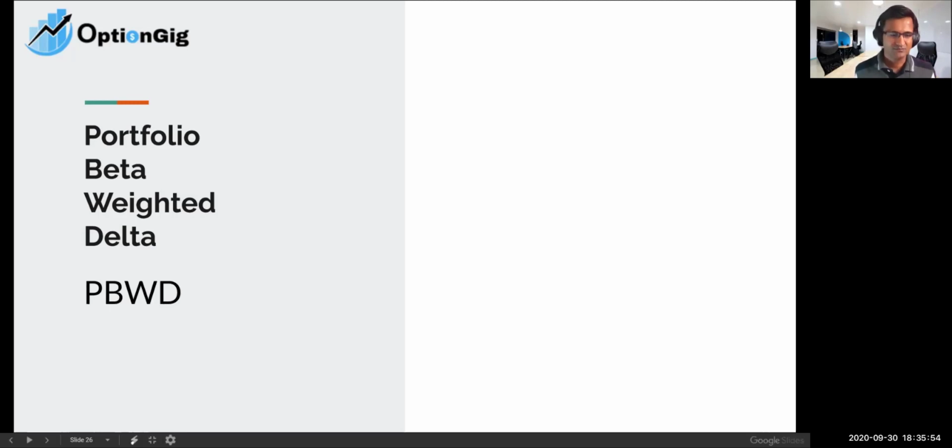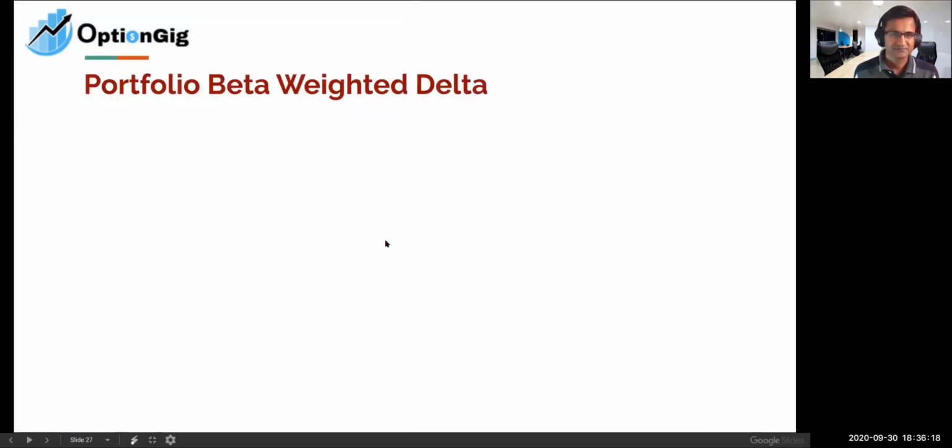Some of the tickers could make very little movement if they have a beta of less than 1. So I need to find out at a portfolio level what my beta weighted delta is. All those deltas need to be readjusted at a portfolio level based on the individual betas of each ticker.